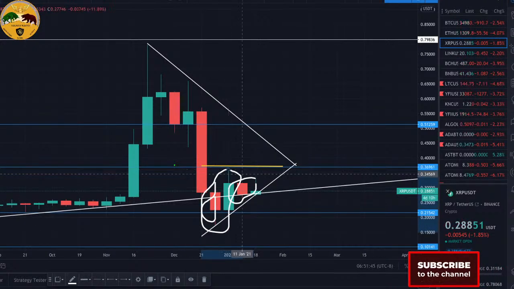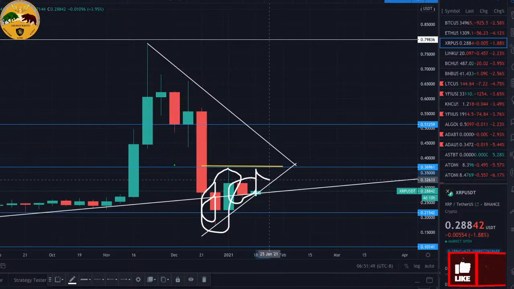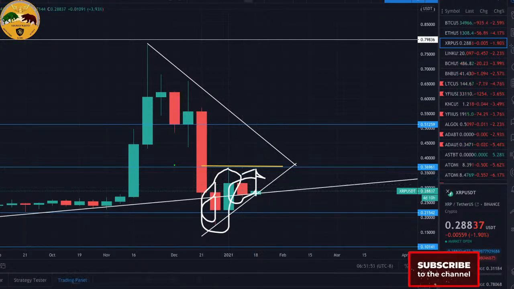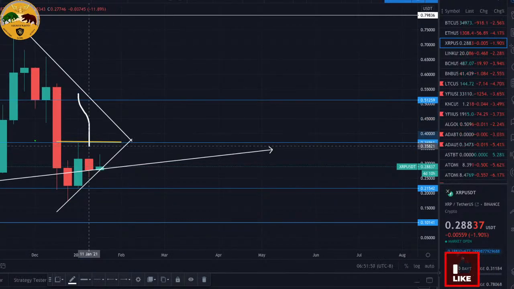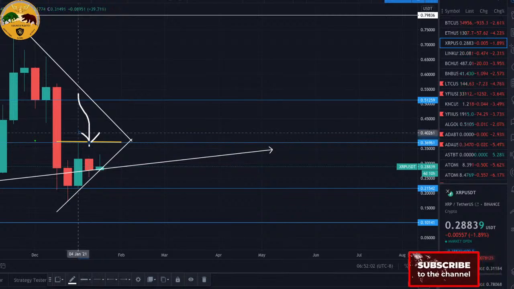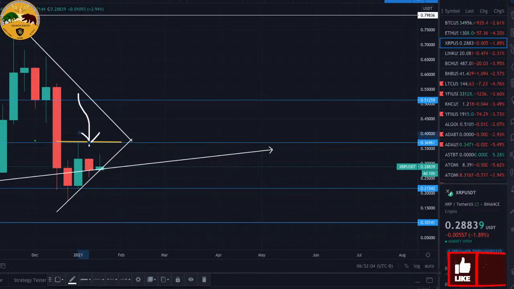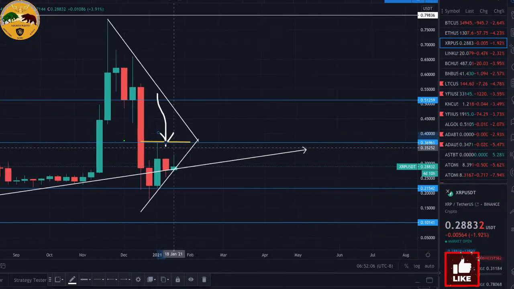So we could see a pull up, right? A pull up to this resistance right here again, trapping those who sold this red inside bar. This bar here will trap sellers who are shorting. Do you understand? That is what I mean by the weekly support is a strong support.